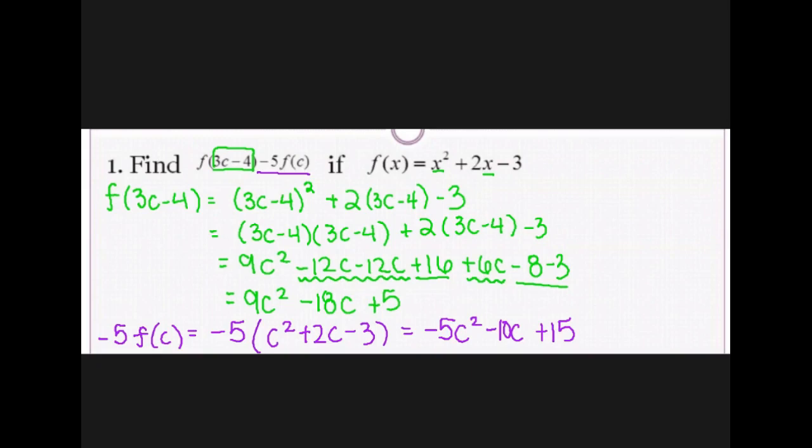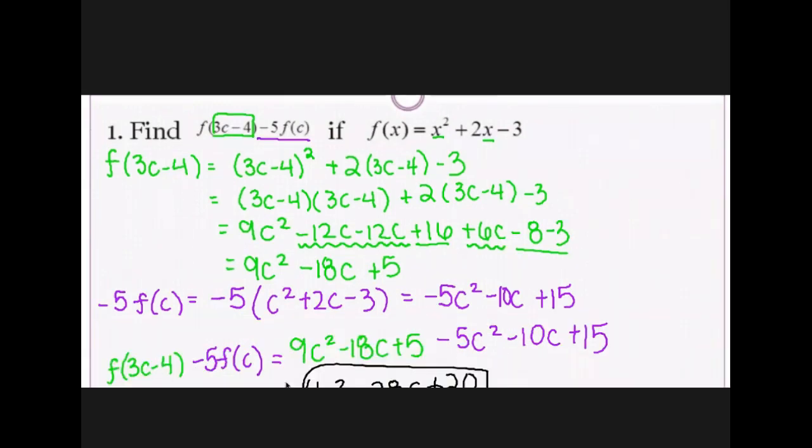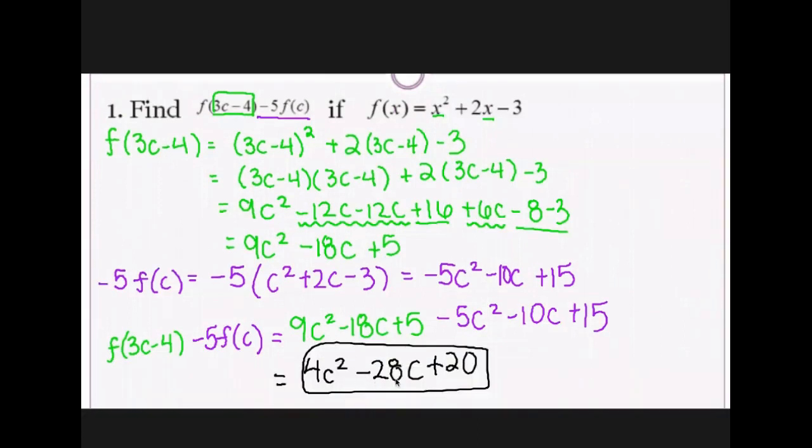And then what I'm going to do for the final step is take my answer I got for the first part in green and combine it with the answer I got in purple to get the final answer for that function. So you're going to take the green, combine it with the purple to get a final answer of 4c squared minus 28c plus 20.